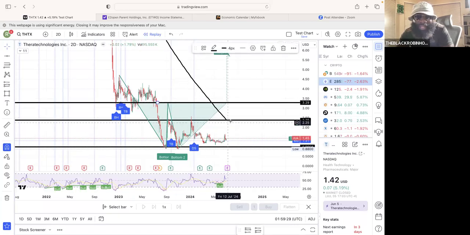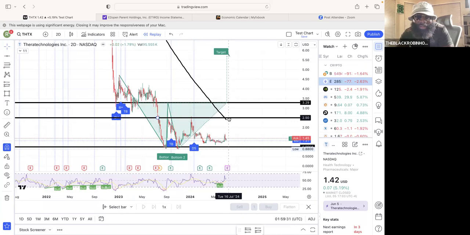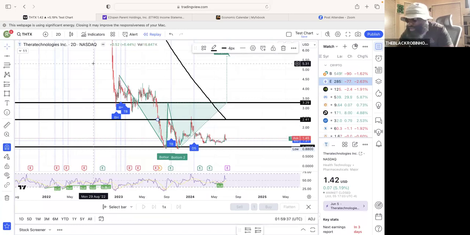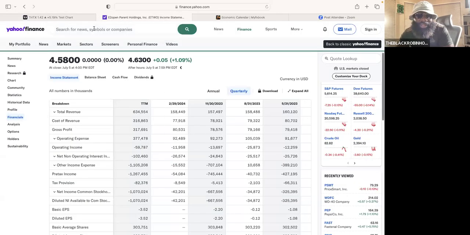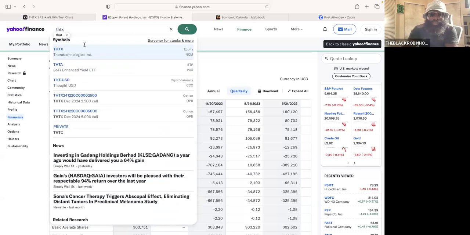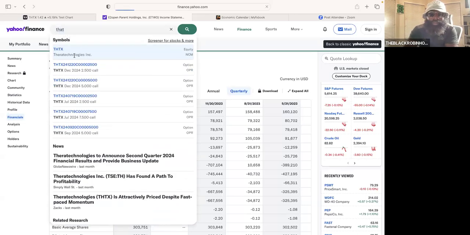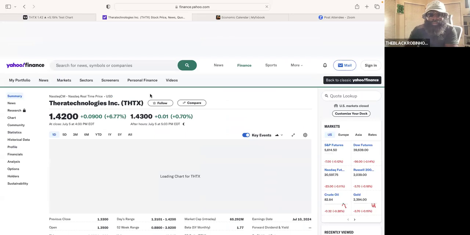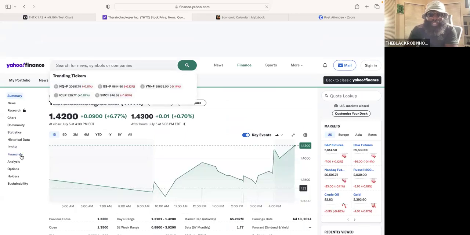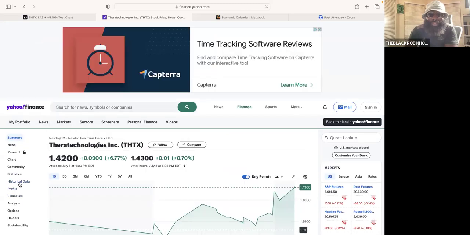So it may pop, hit 241, face some resistance at the moving average right here. But let's look. THTX Technologies.